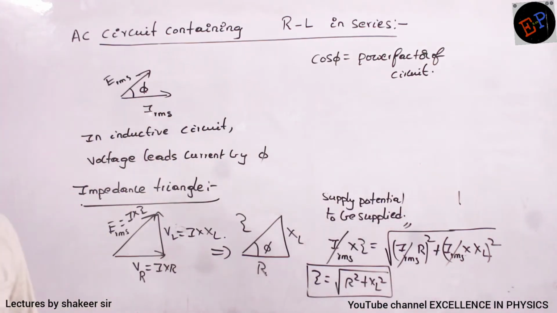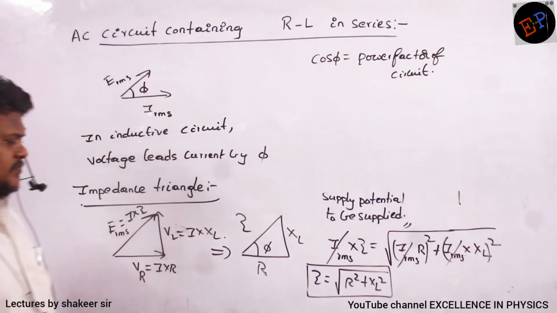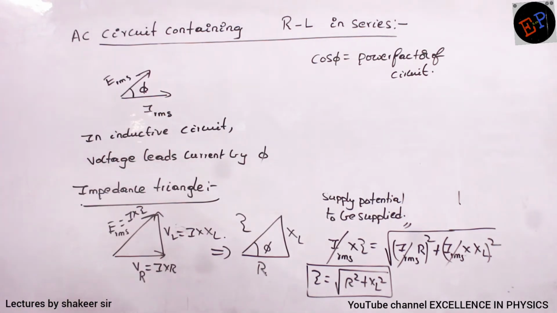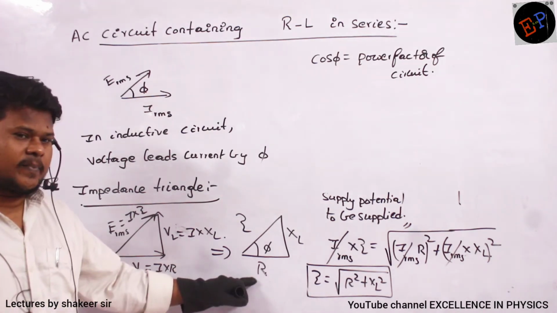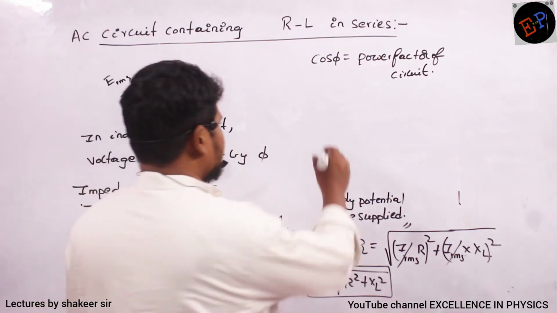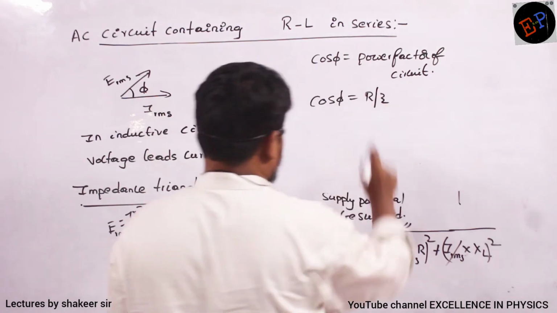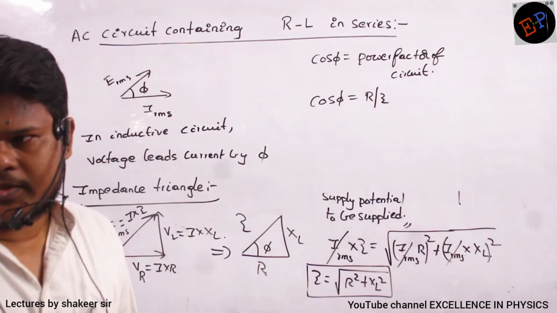Cos phi is called the power factor. Now by looking at this triangle, can you say cos phi is how much? R by Z. That's all, no? Adjacent by hypotenuse. So cos phi is nothing but R divided by Z. Are you able to understand, ma?